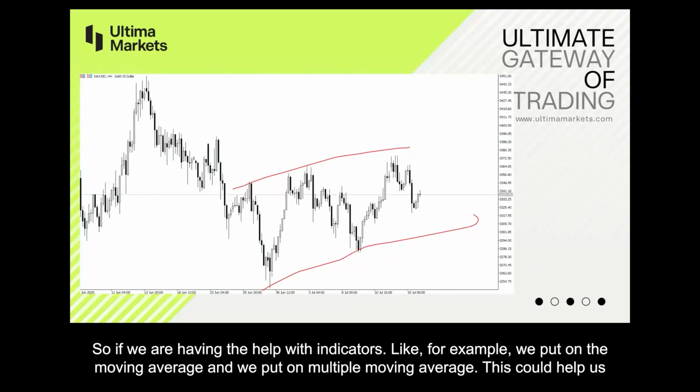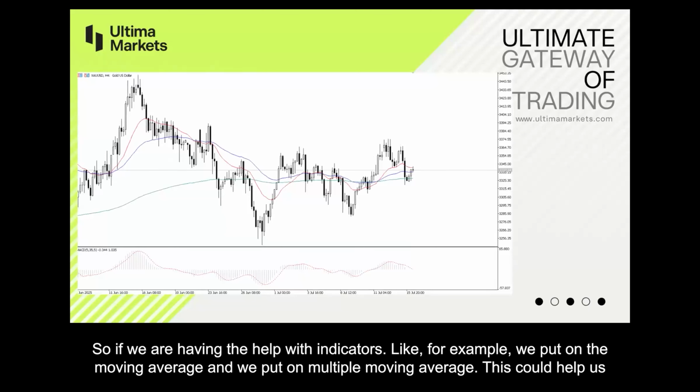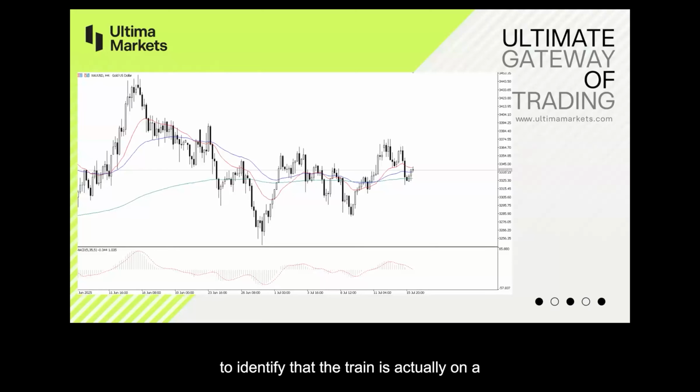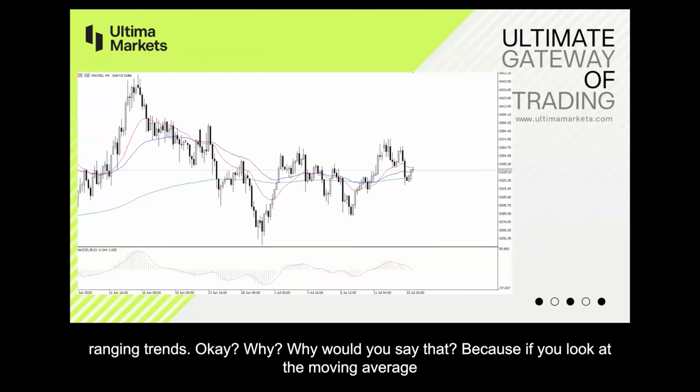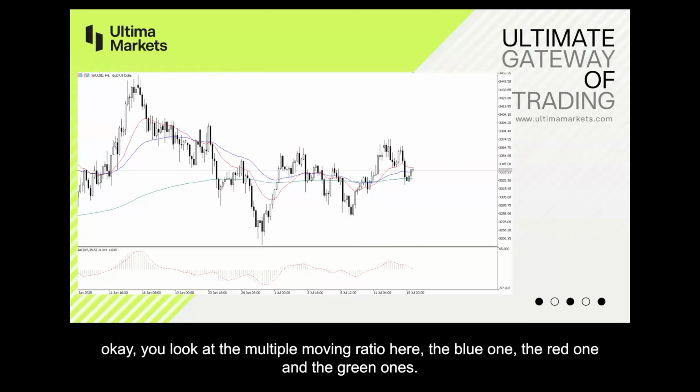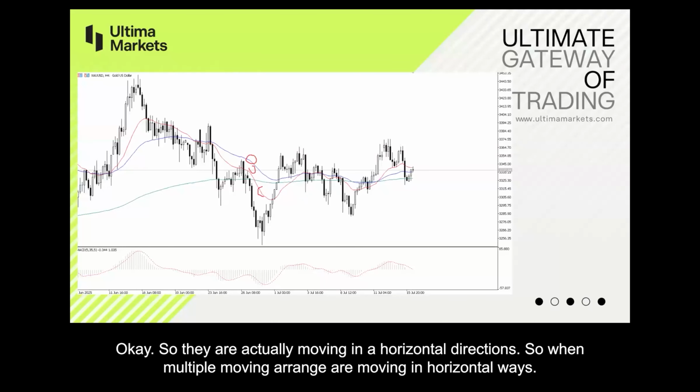Okay, so if we have the help of indicators, for example, we put on the moving average, and we put on multiple moving averages, this could help us to identify that the trend is actually ranging. Okay, why will you say that? Because if you look at the multiple moving averages over here, the blue one, the red one, and the green one, they are actually moving in a horizontal direction.